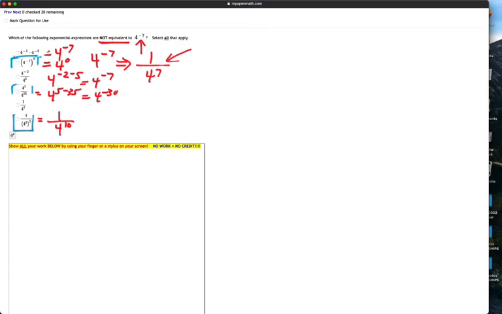So once again, this one, and this one, because we are choosing the expressions that are not equivalent. 4 to the 0 is not equivalent to one of these two. 4 to the negative 30 is not equivalent to one of those. And 1 over 4 to the 10th is not equivalent to one of those.